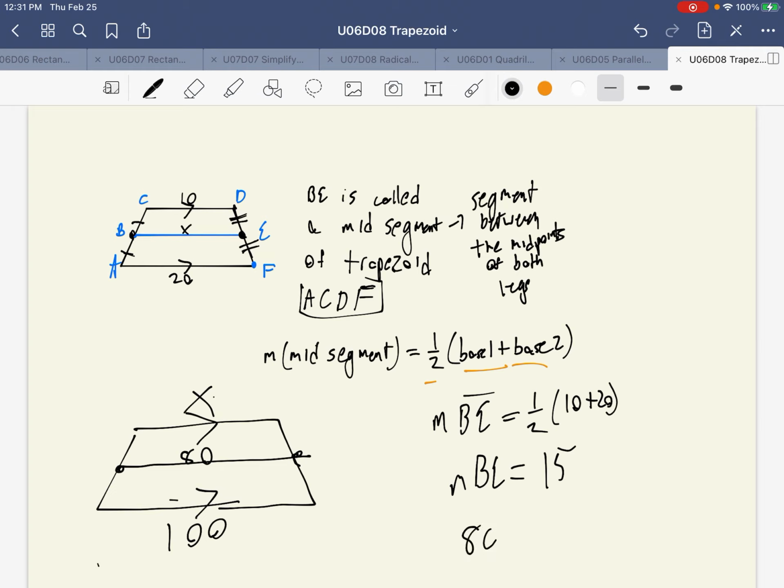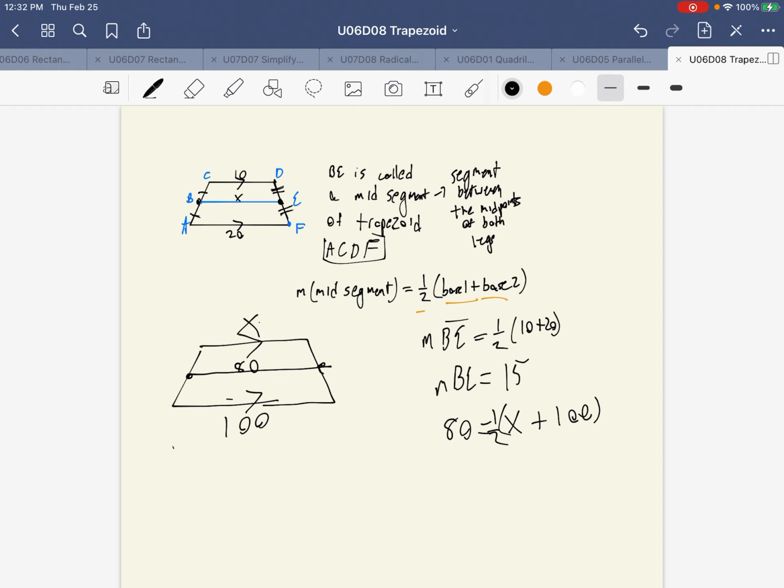It would be that 80 is equal to an unknown number plus 100 when multiplied by 1/2. So what number when multiplied by 1/2 is 80? Well, 160 will be equal to x plus 100, which means that x has to equal 60. So the missing base is 60.